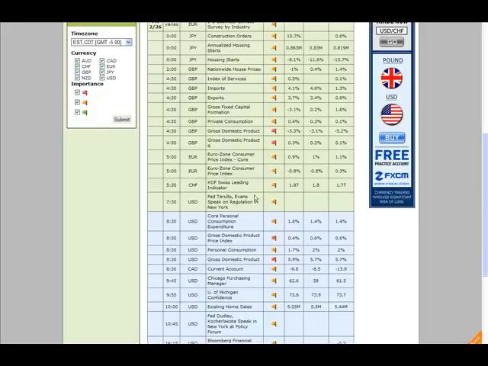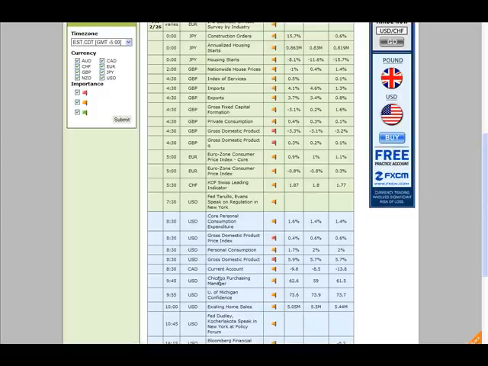It's not really important, so I'm not worrying about it. 8:30 is a prime time for the U.S. as far as reports go, and you can see that we had quite a few reports coming out as well for the U.S., and most notably the GDP as well as personal consumption. So again, 4:30, 8:30, you want to watch out for that.